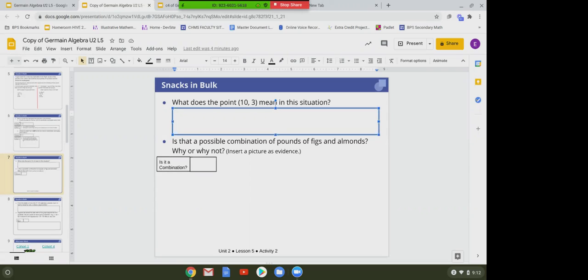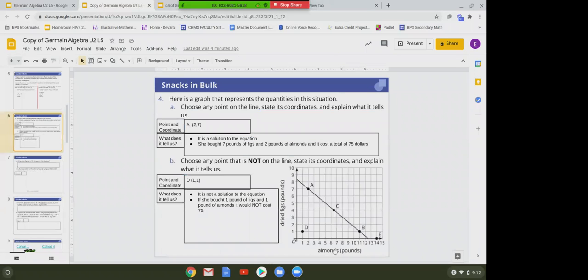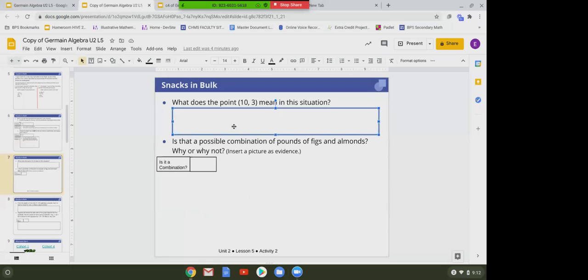Okay, wonderful. Elliot, can I have you unmute, and can you tell me, what does this coordinate 10, 3 represent in this story? And if you need to go back to that graph here to help you, 10, 3, x, y, what does it represent in this story, Elliot? What do we think?